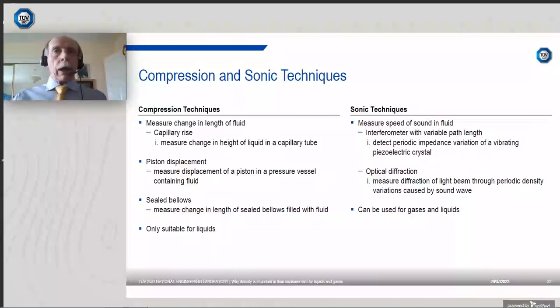A couple of techniques just briefly. Compression and sonic techniques. Compression techniques are where you measure the change in length of a fluid, and you can do that using capillary rise, measuring the change in the height of a liquid in a capillary tube, for example, or the displacement of a piston in a pressure vessel, or by measuring the change in length of a sealed metal bellows filled with the fluid. And these techniques are only suitable for liquids.